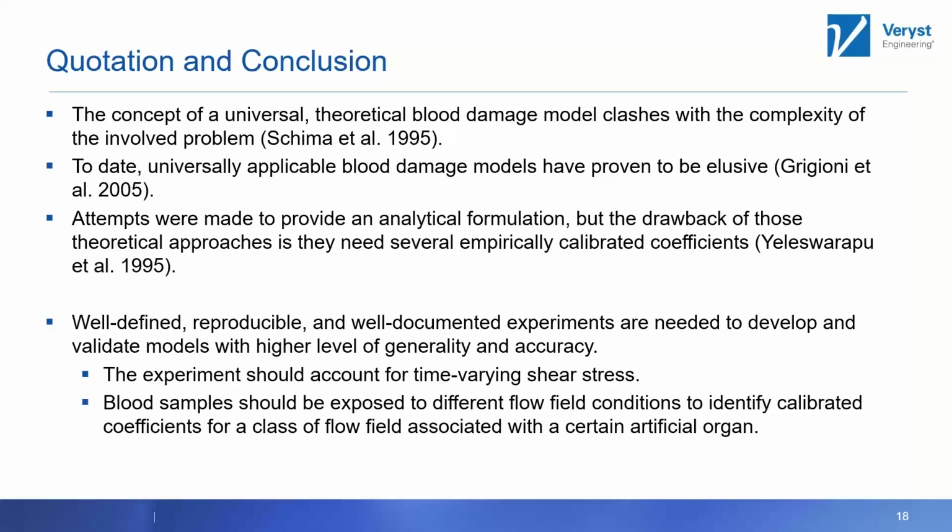In other words, we cannot just use flow in a viscometer to predict blood damage for any type of flow. The physics just do not match. For different types of flow, we have to do different sets of tests, and each set of tests should be calibrated individually, and these experiments should account for time-varying shear stress.